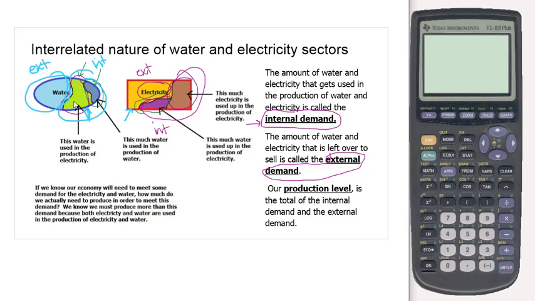So we can't just increase one thing without impacting a whole bunch of other things. The production level is the amount that we want to produce overall. Some of that's going to go to meet the internal demand, the stuff that gets used up in production, and some of it will go to meet the external demand.